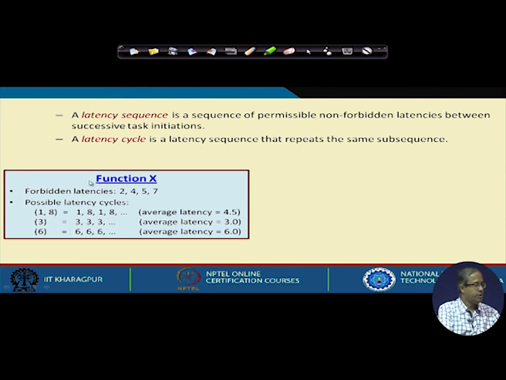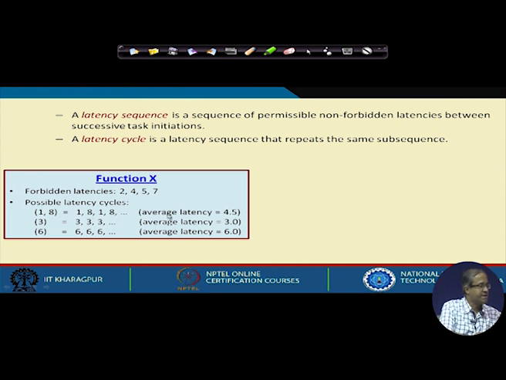So, talking about the two functions, for the first function we have already seen that the forbidden latencies are 2, 4, 5 and 7. Here we are just listing some of the latency cycles which you can use, the possible ones, but how to get these we shall be showing shortly. One of the possible latency cycles which do not result in collisions is 1 and 8. So, 1 8 1 8, like that you proceed.